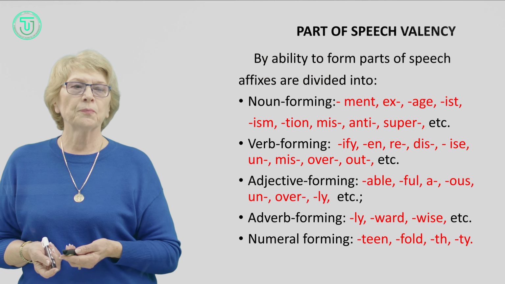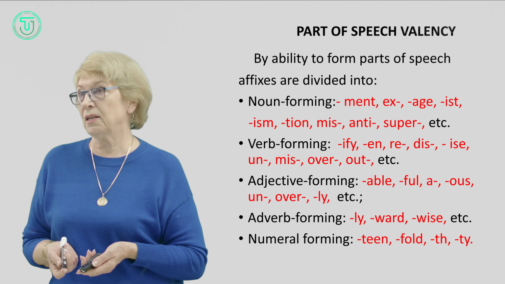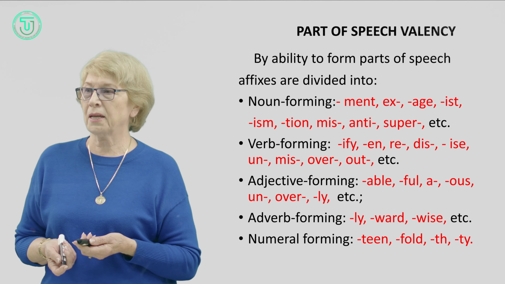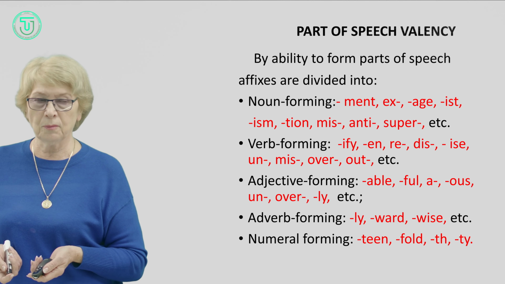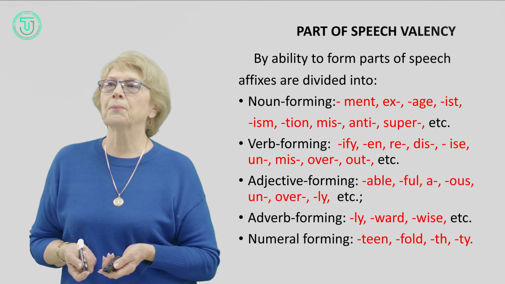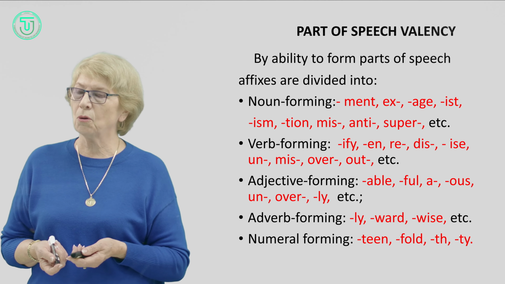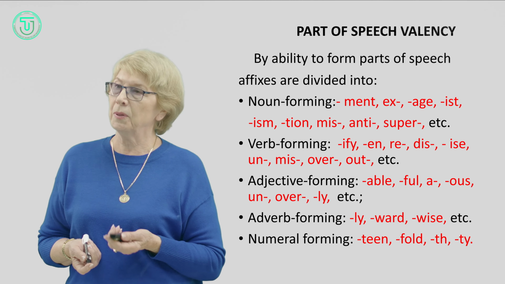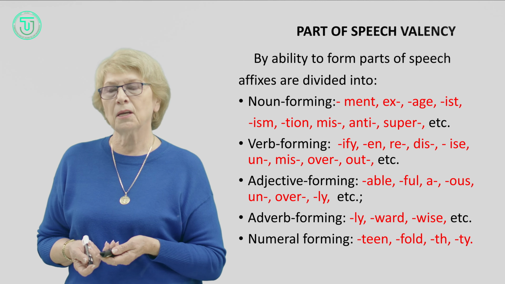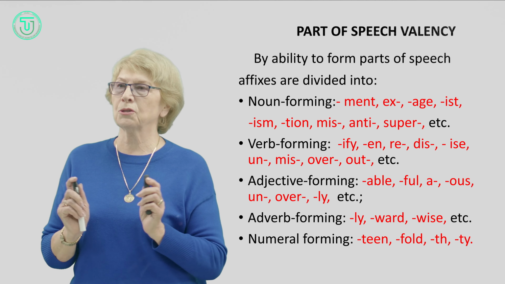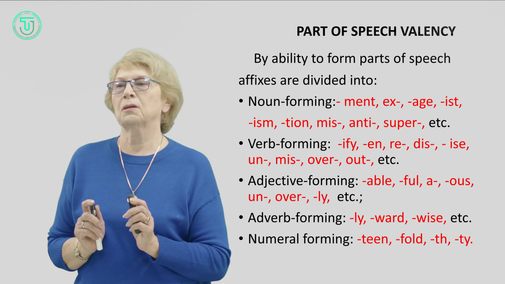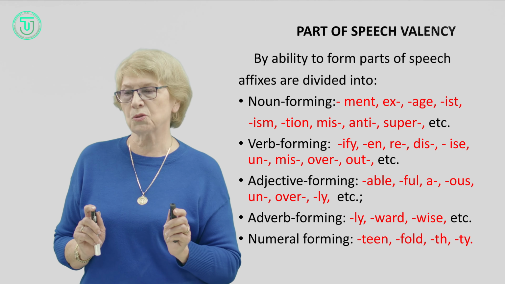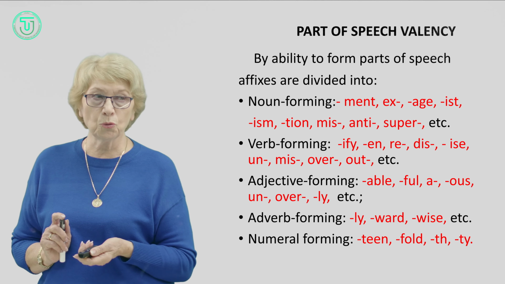Okay, now the valency, part of speech valency. You, of course, remember the word valency from chemistry. It's a chemical term, actually. But when we talk about words, or especially about affixes, valency here means the ability of an affix to enter into combinations with other vocabulary units, with roots or stems, to produce new words.